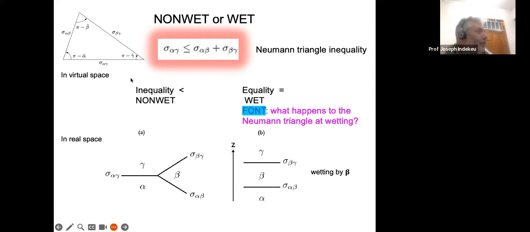I'm going to ask my audience here to reflect on this. Do you have any idea here, Jane, what would happen to the Neumann triangle when we reach the equality here? It will collapse. Indeed. So the wetting point corresponds to the collapse of the Neumann triangle, and from there on into the wet regime, the Neumann triangle will just remain fully collapsed.